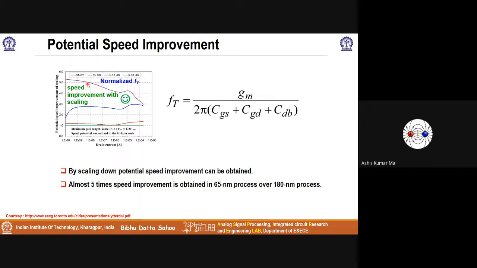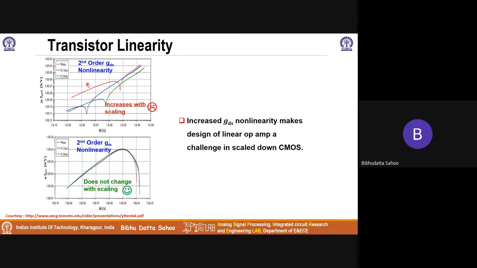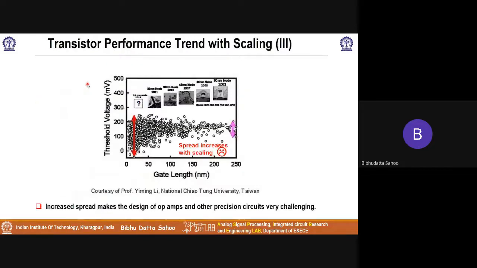It will be comparable to 65 because the speed is purely a function of the time it takes for the thing to travel, right? So if you increase the L, then certainly your speed is going to drop, and now to get back the speed, you have to burn more current. You have to crank up the GM. So that's where the power comes into the picture.